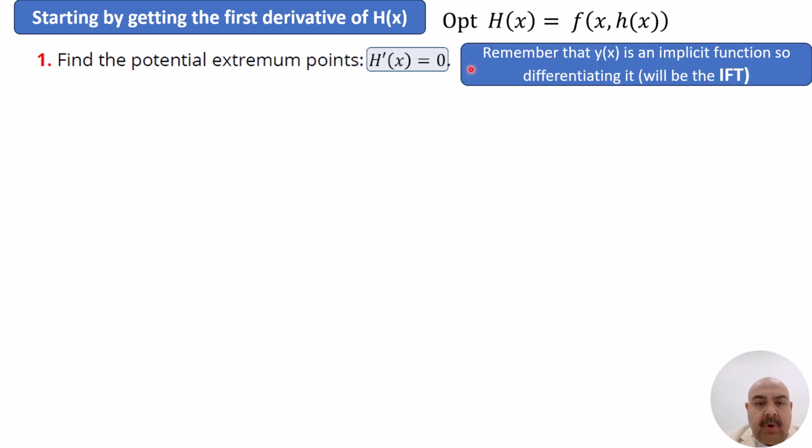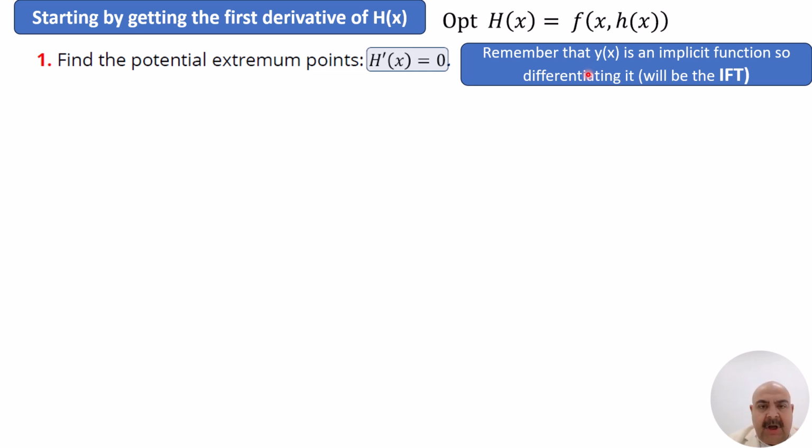Okay, so mainly I want you to remember that y of x is an implicit function. So differentiating it, we will need to use the implicit function theorem. So please try to review this part before we continue. It's really very simple.